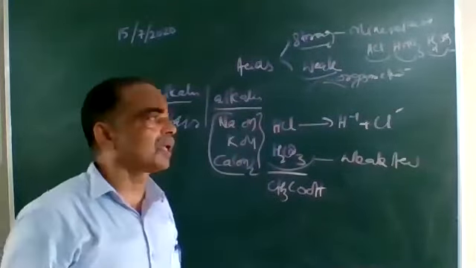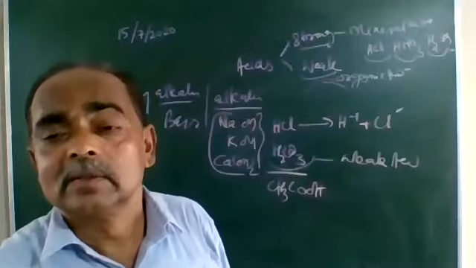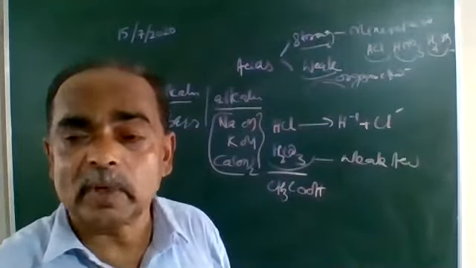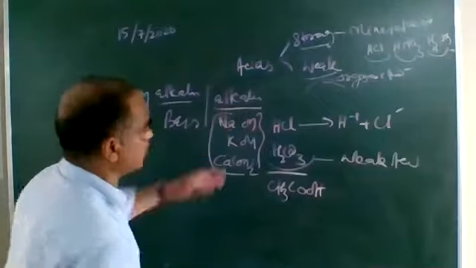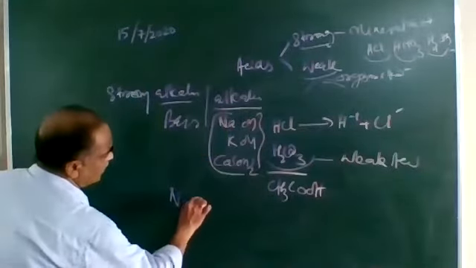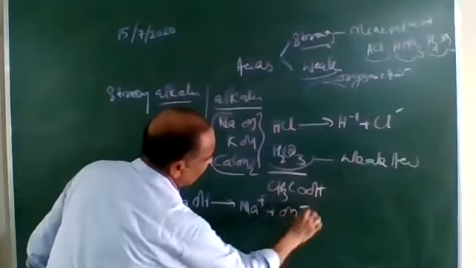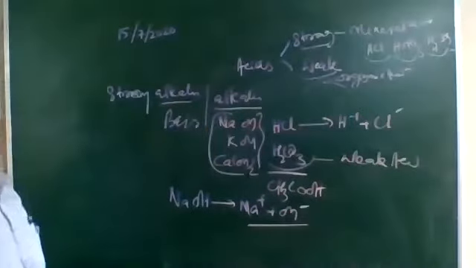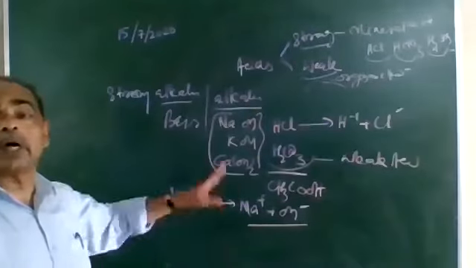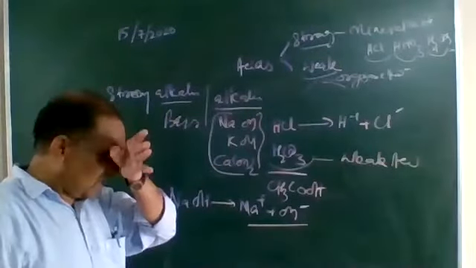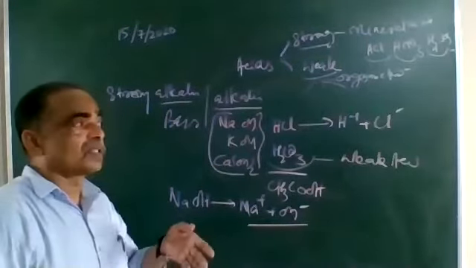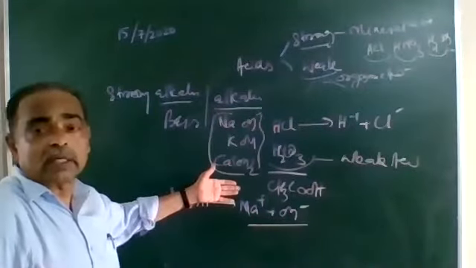Those bases which are soluble and get dissociated completely. Say for example, when NaOH is put into water, it dissociates into Na plus and OH minus. Complete dissociation, and that complete dissociation makes it a strong alkali. Understood? So strong alkalis are those which dissociate completely. These are a few examples of strong alkalis.